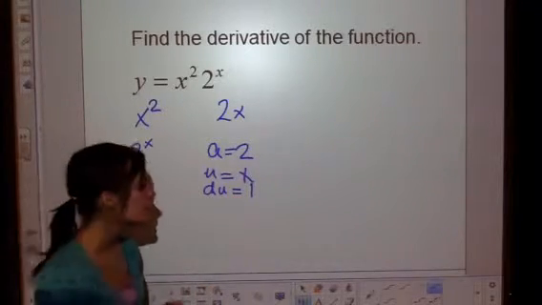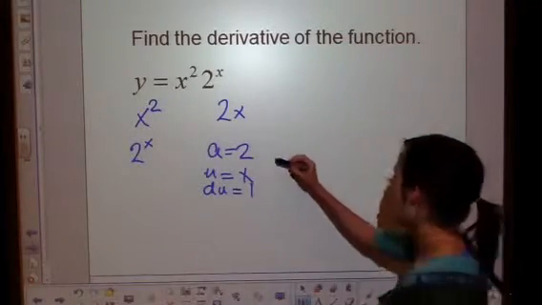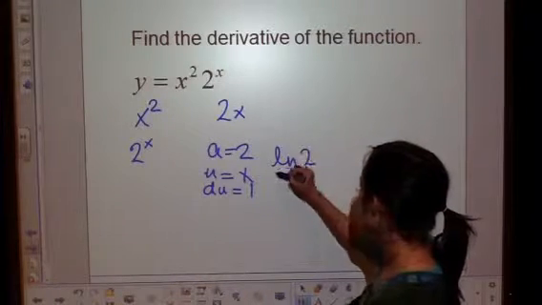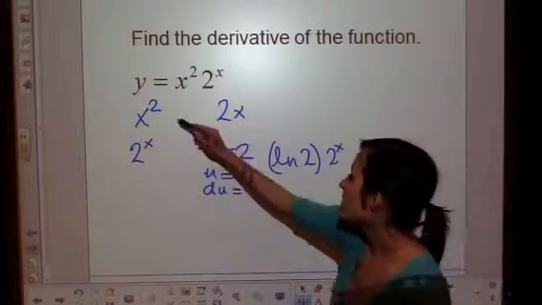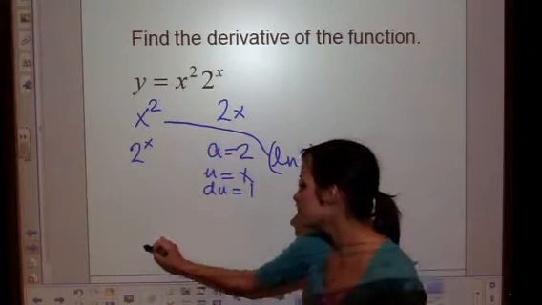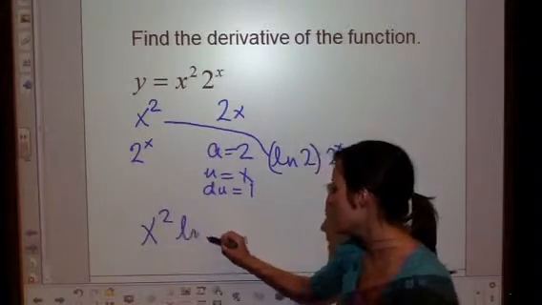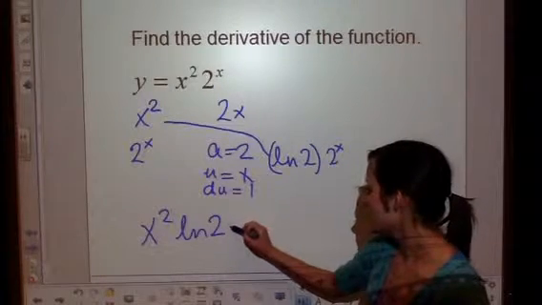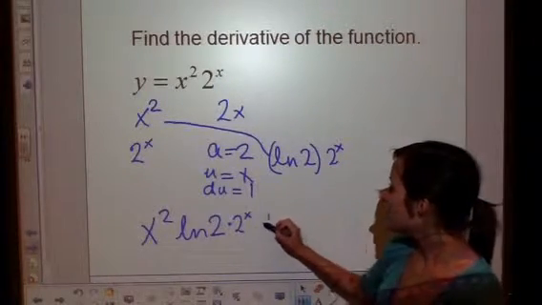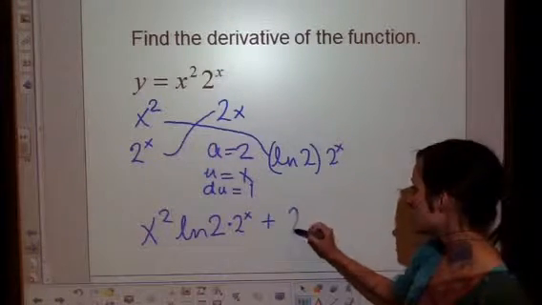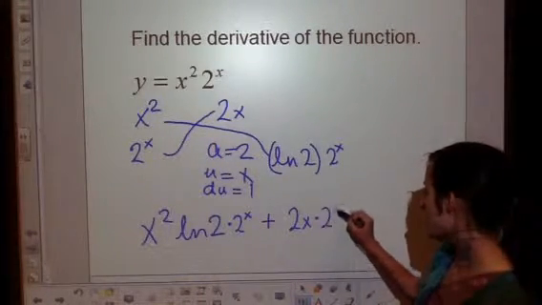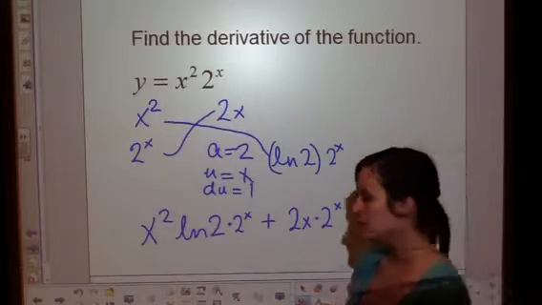I had that flipped. So we have ln a times a to the u times du. Now we get a crisscross. So we get this long version: x squared times ln a times a to the u, plus crisscross here, that does not combine, 2x times 2 to the x, or you could reverse your order there.